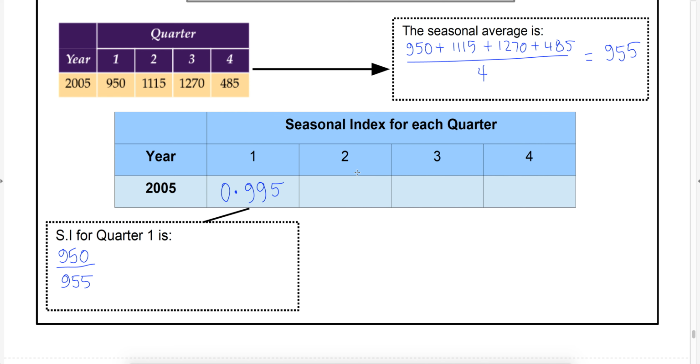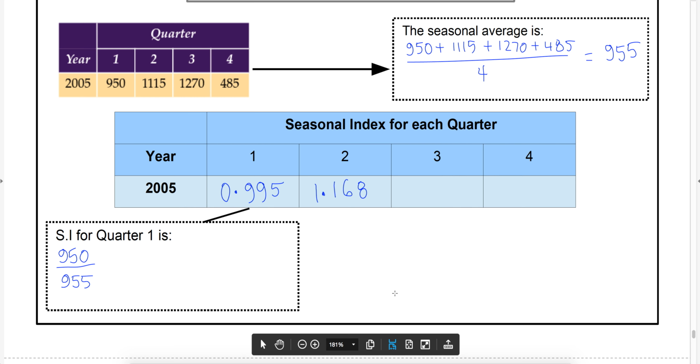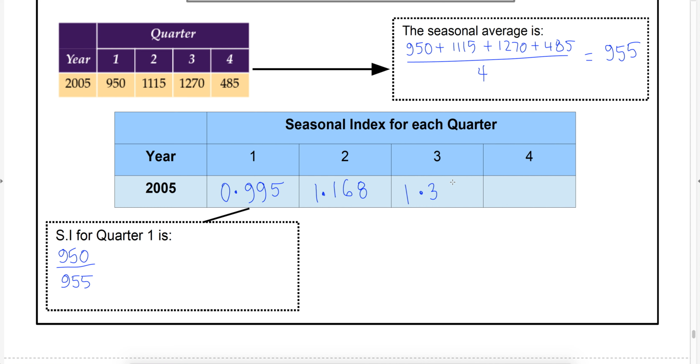Of course, quarter 2, I'm going to do the same thing, but with this value. 1,115 divided by 955. I've got 1.168, rounded to 3 decimal places. Now do the same with the other two. You'll see these ones here were above the average, so as expected. Now this was 1.3298, so it went to 1.330.